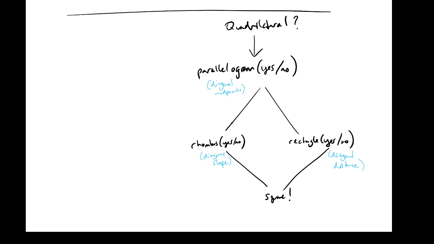Now, there are other ways to do it, of course. For a rectangle, I could figure out if all the slopes are perpendicular. That's 4 slope calculations. Or I could do 2 distance calculations, okay? Or for the rhombus, I could do 4 distance calculations for the sides, or I can just do 2 slope calculations for the diagonals.